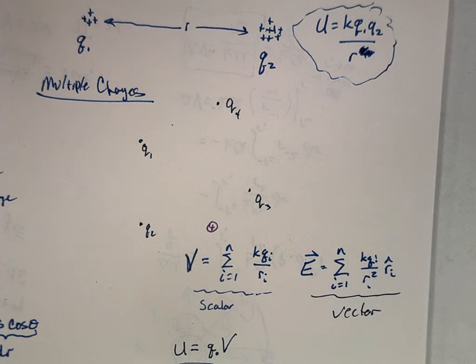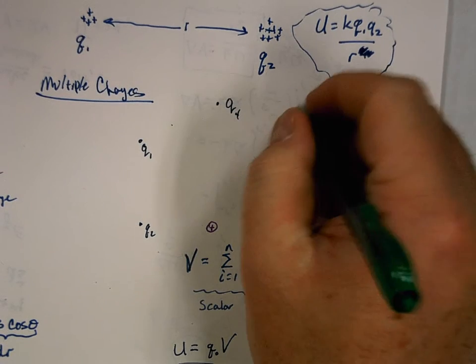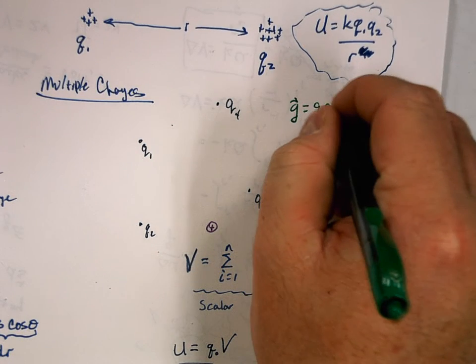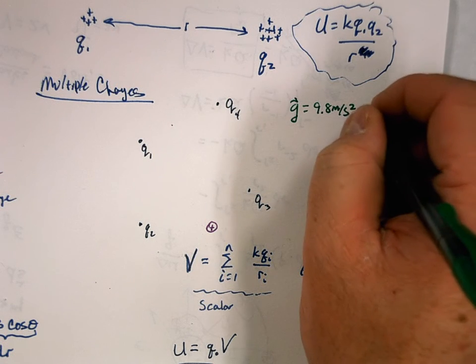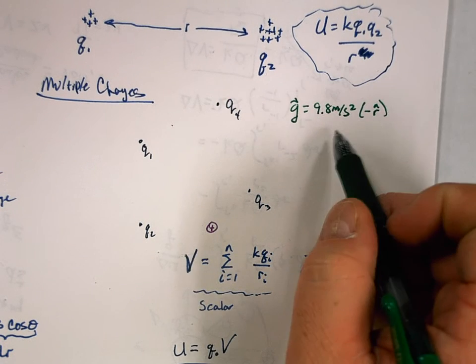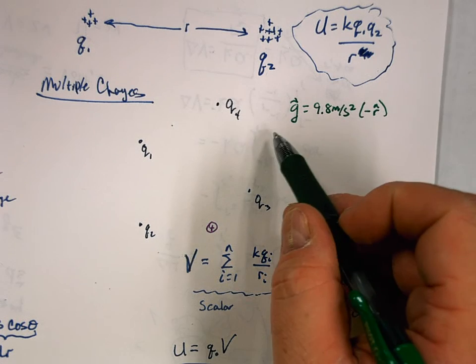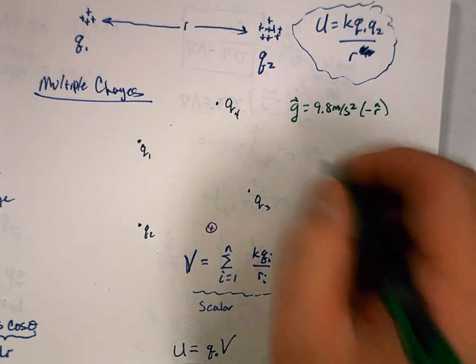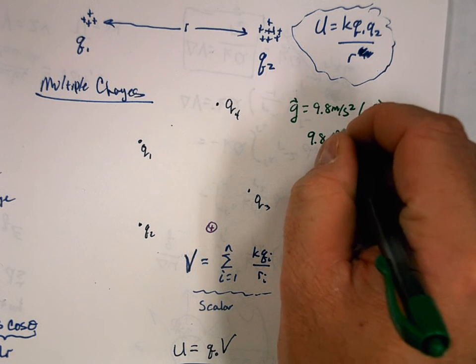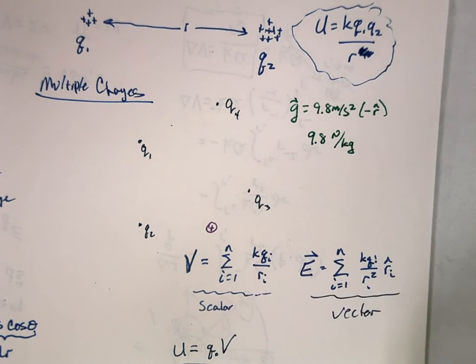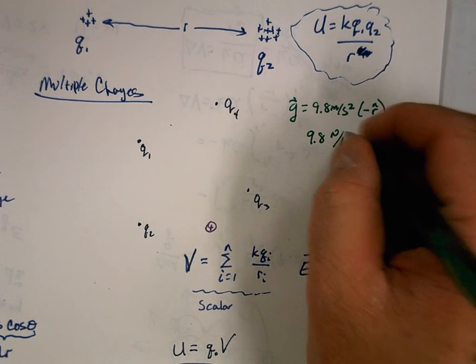Near the surface of the Earth, we have the value g, 9.8 meters per second squared, in the negative r hat direction. Instead of meters per second squared, we could also write it as 9.8 newtons per kilogram. So this all of a sudden becomes a force per unit mass.